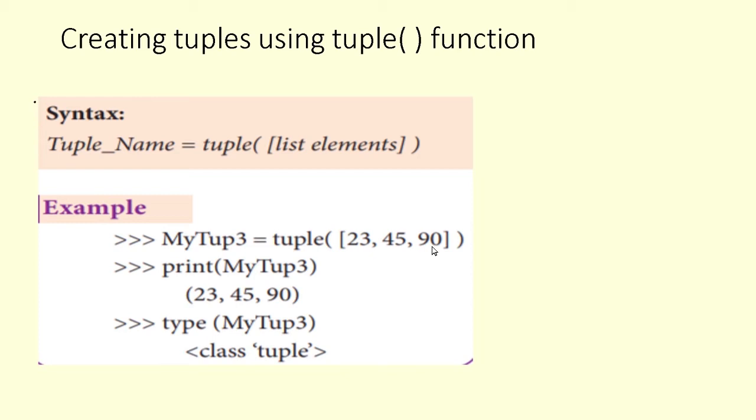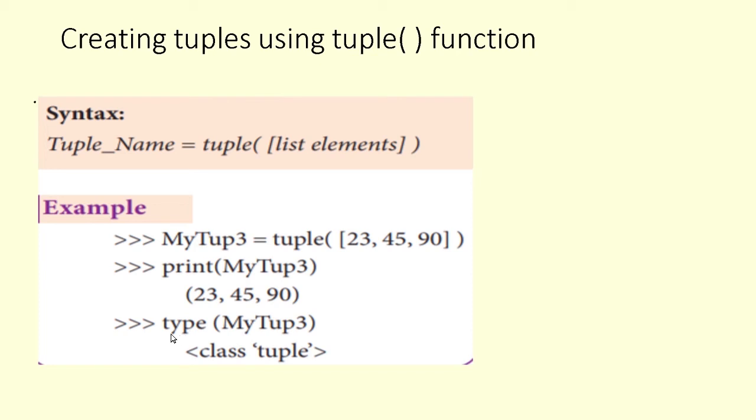We can see the example. my_tuple3 is equal to tuple of 23, 20, 45, 90. This is a list of elements, so I am enclosing it within square brackets. Now my tuple function has been given, so these elements will be considered as a tuple, and my_tuple3 will be created. If I give print, the values will be printed.